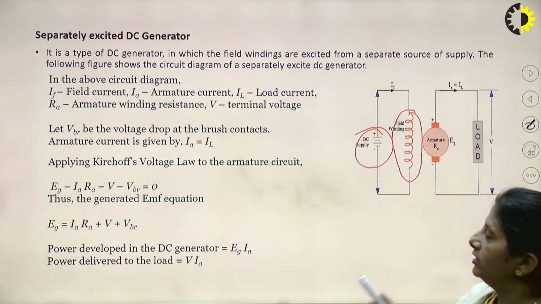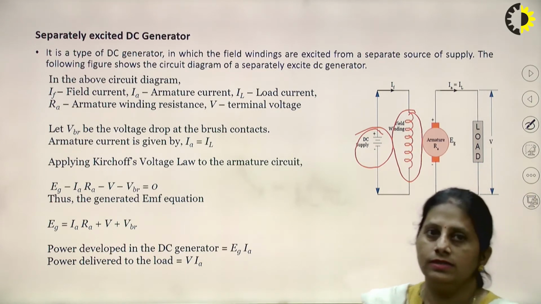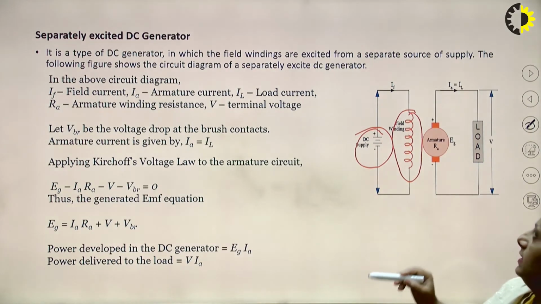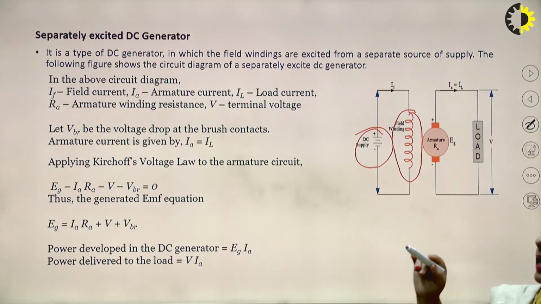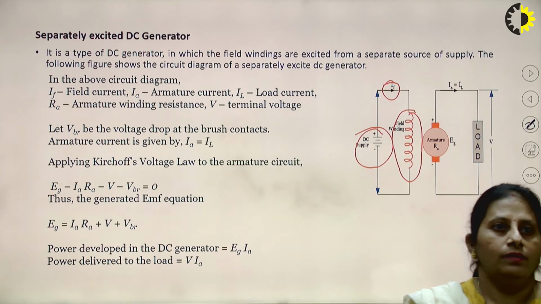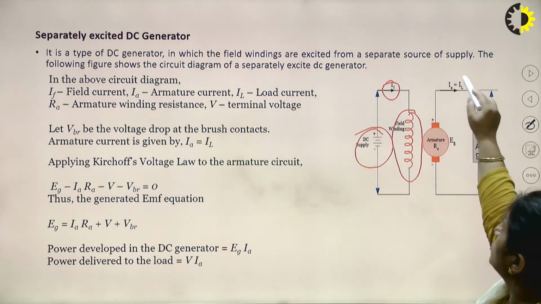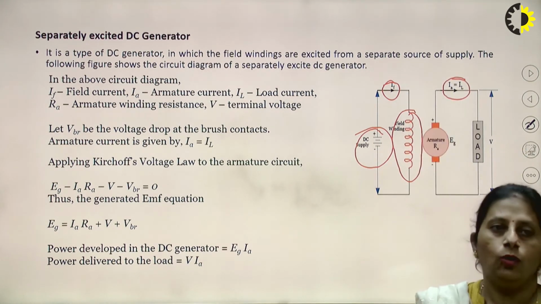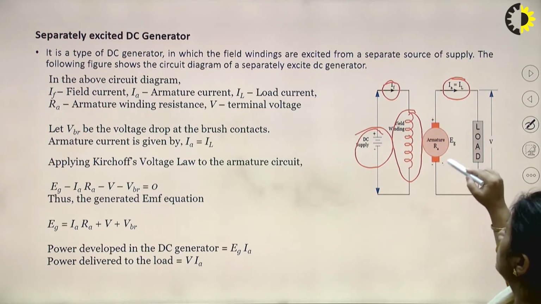Now, going with the relations, what will be the voltage equations for this? Here, IF is the field current, IA is the armature current, and IL is the load current. This is the armature circuit.